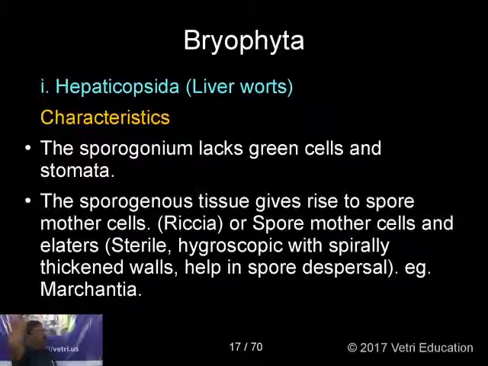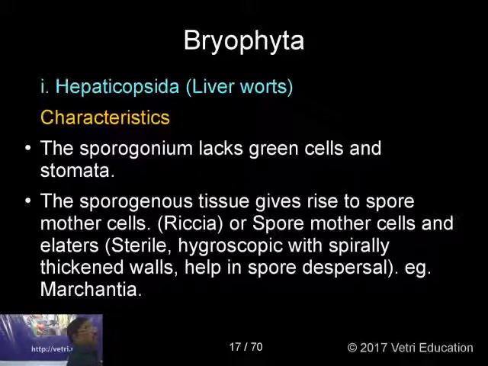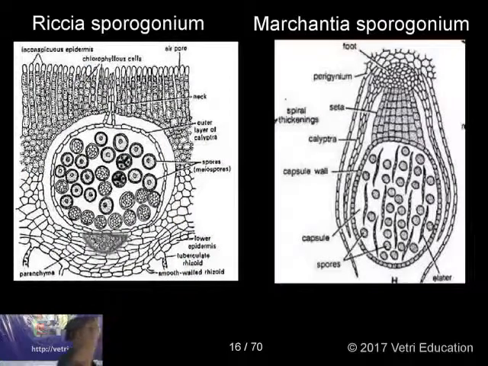These spores lack green cells and stomata. The sporogenous tissue gives rise to spore mother cells in Riccia, and to spore mother cells and elaters in Marchantia. Elaters are sterile, hygroscopic, with spirally thickened walls, and help in spore dispersal. Here you can find only spore mother cells and spores.